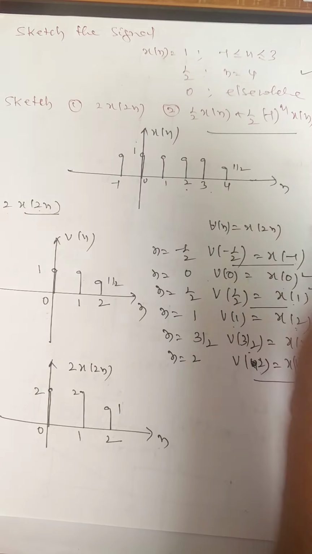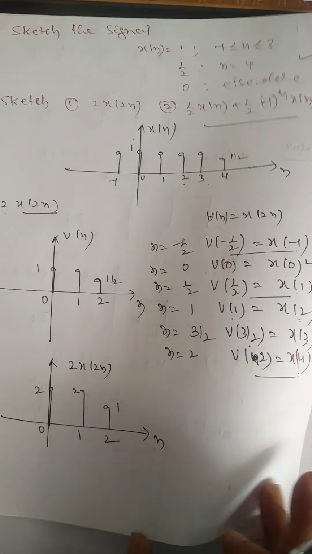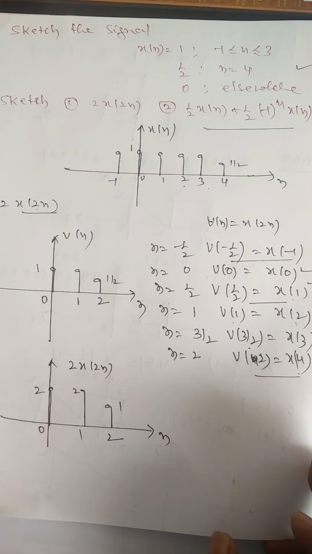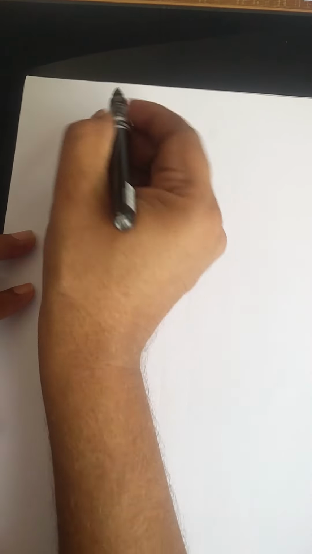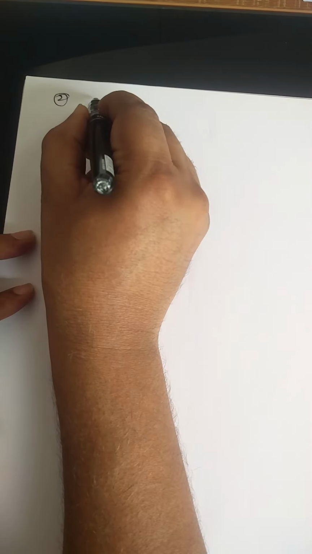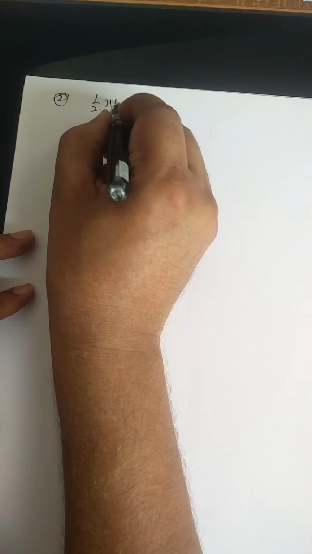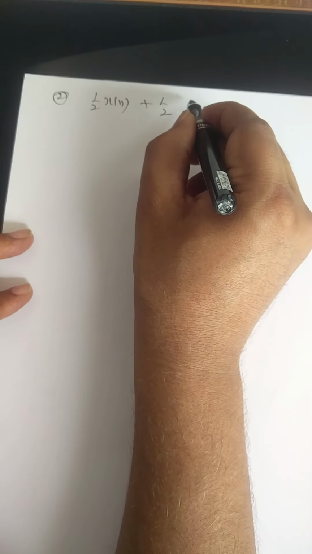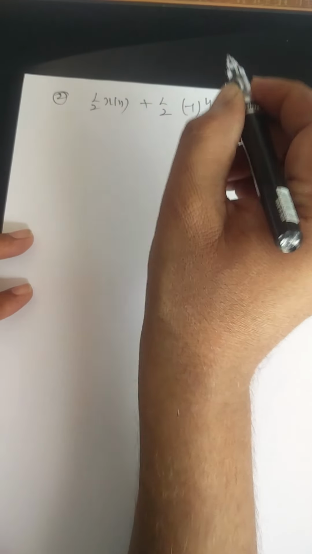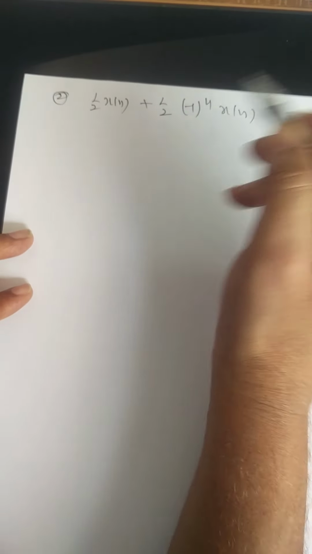Next is the second problem: 1 by 2 into x of n plus 1 by 2 into minus 1 whole to the power of n into x of n.